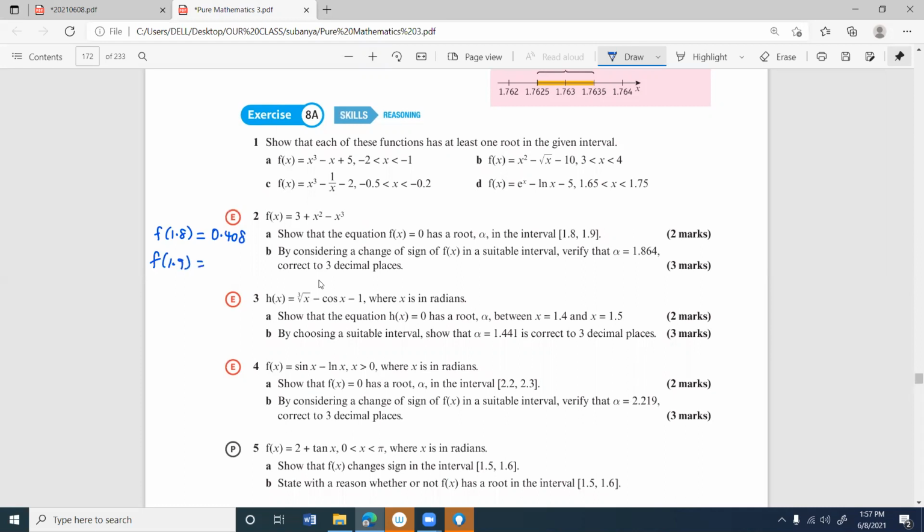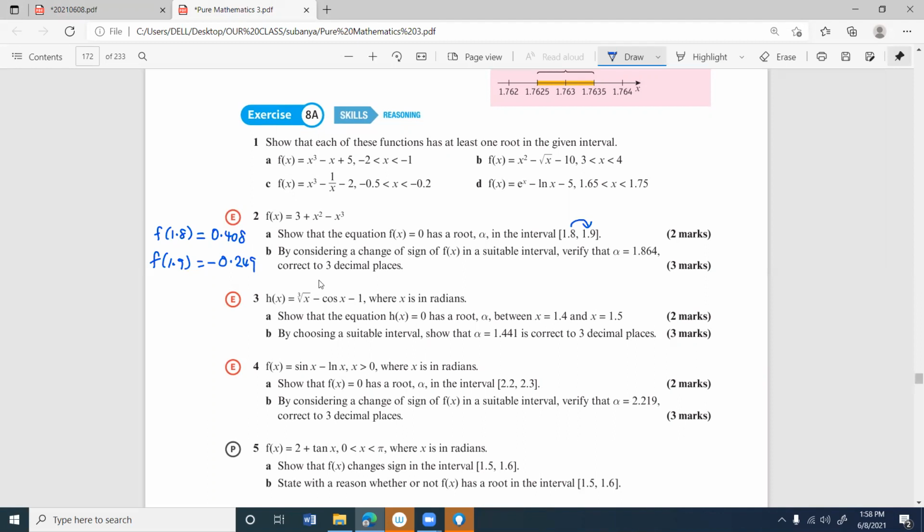If you put f(1.9), it's minus 0.249. So in this case, you have to write the answer: when x varies from 1.8 to 1.9, the sign of the function changes.